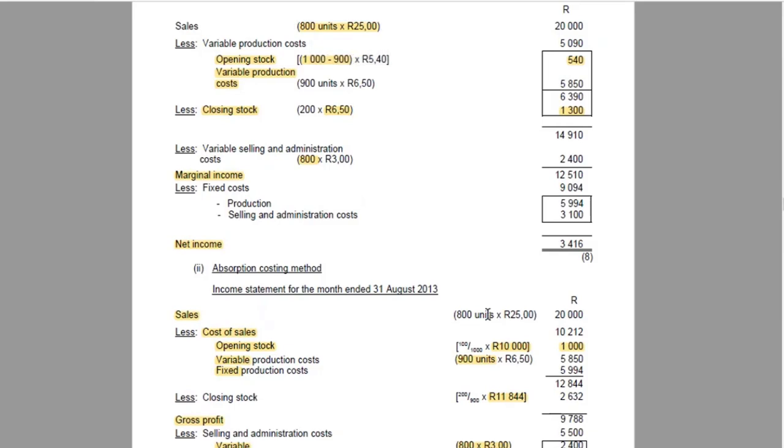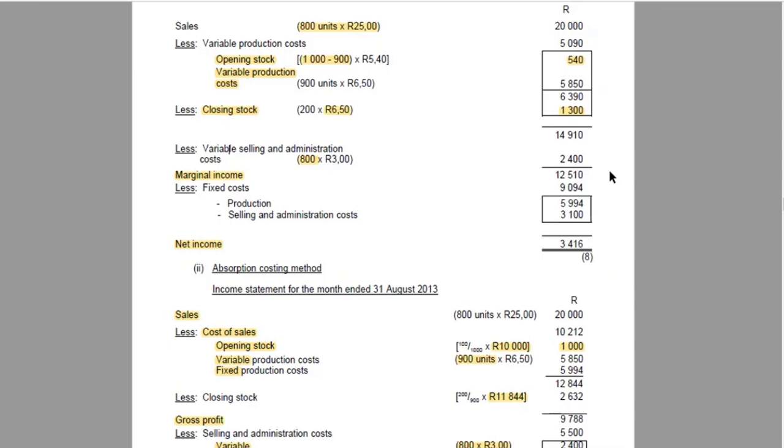So stuff like your sales, put it in quickly. Then you can start on opening stock, where you have to start thinking. Know your production cost under first in, first out, and also weighted average, because it affects your closing stock.